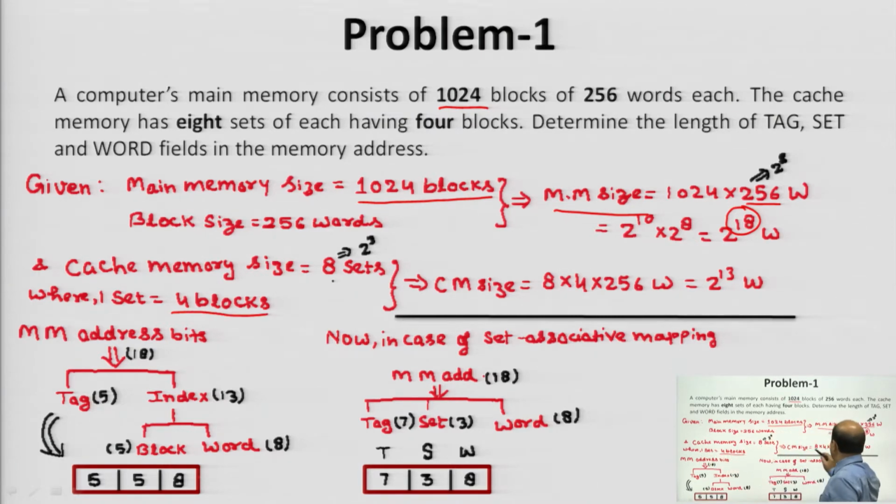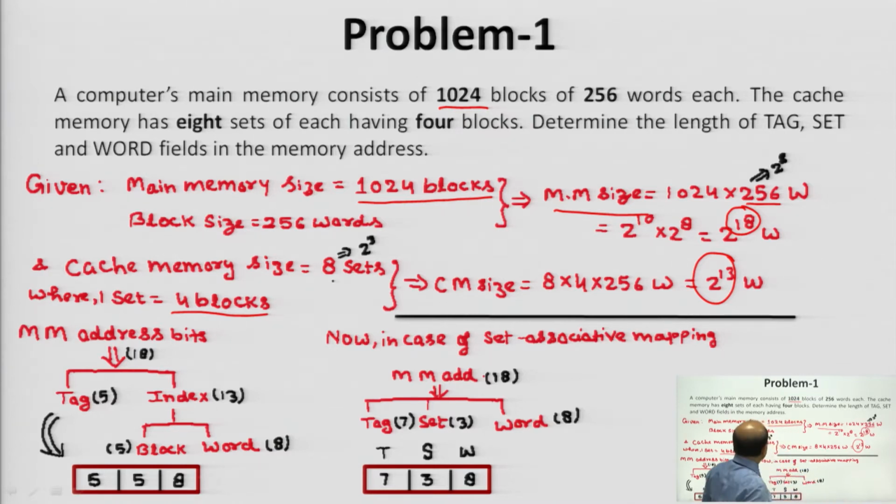So, it will come as 8 multiplied by 4 multiplied by 256, because in one block we can store 256 words. So, cache memory size will come as 2 to the power 13 words. So, 13 bits are required to map the cache memory.